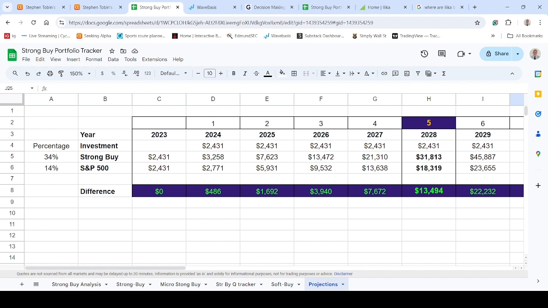If that performance kept replicating for the next 5 years, in 5 years' time, my portfolio would be worth $31,800, and the corresponding S&P portfolio would be worth $18,000. So it's assuming every year I invest $2,431 and I get these returns. So the opportunity cost of capital was positive $13,400. That's what I want to have.